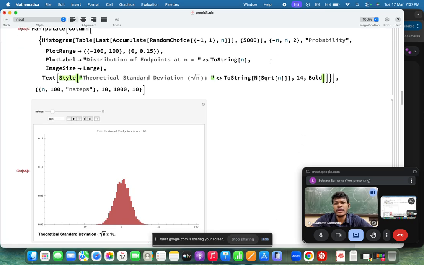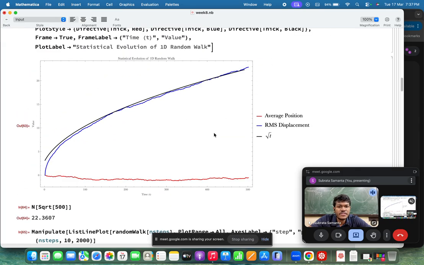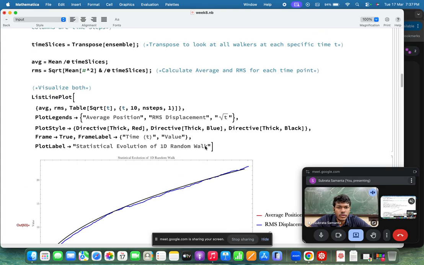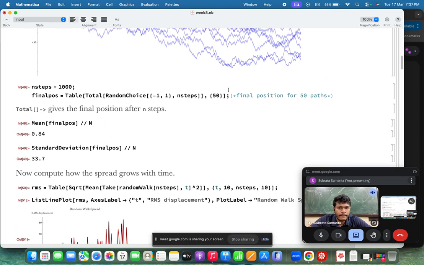So, now what do you expect if we increase n? If you increase n, your average is still at 0, but the standard deviation of the RMS displacement increases. Your sigma grows with the square root of t, or the square root of n.